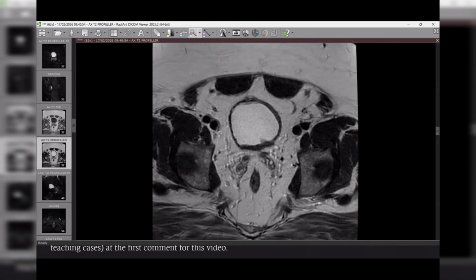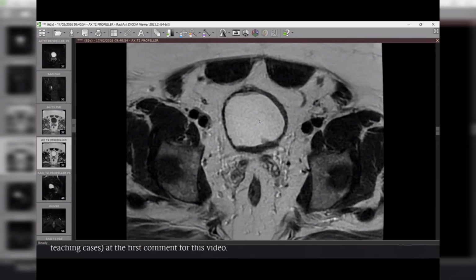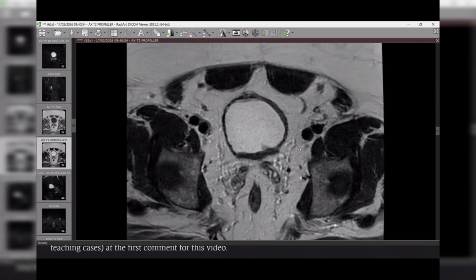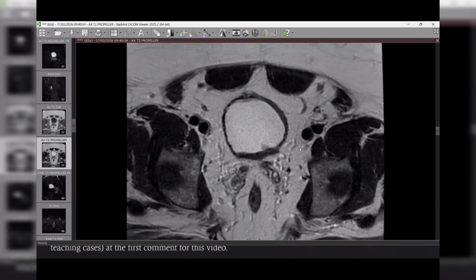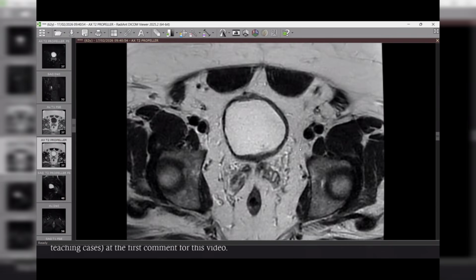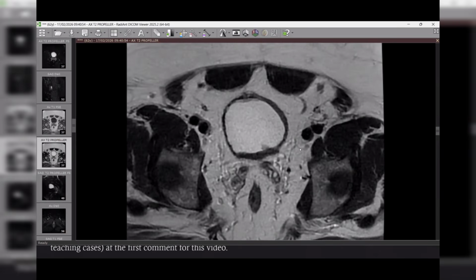How can we describe this lesion? There is thickening and there is evidence. So this thickening is extending into the lumen of the urinary bladder. Okay. Can I help you?